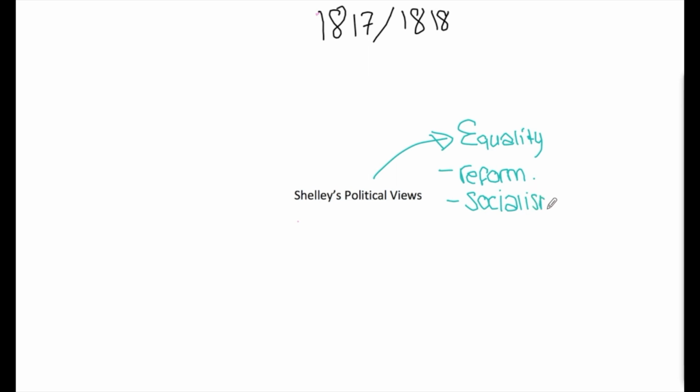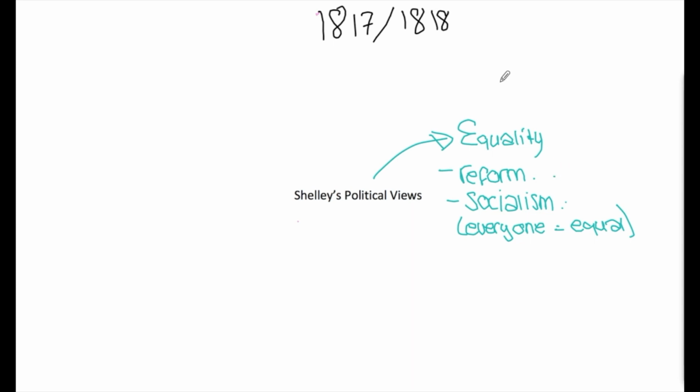I forgot how to spell socialism there, by the way. Which basically means that everyone is equal, right? A bit of a redundant point, and I've repeated myself a couple of times, but yes, that's what Shelley believed in, and he took great kind of passion in what he believed in. He believed that poverty should be ended and that one group of people shouldn't have all the power.